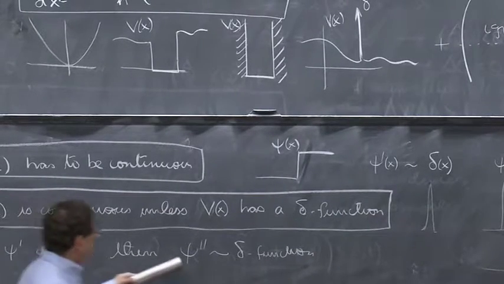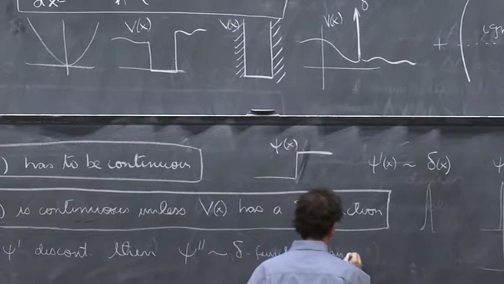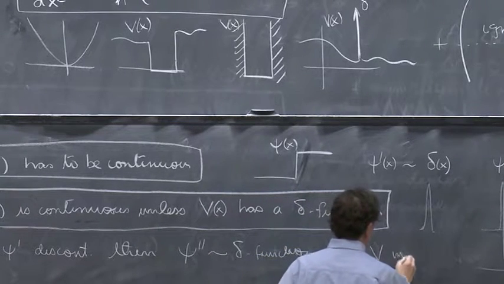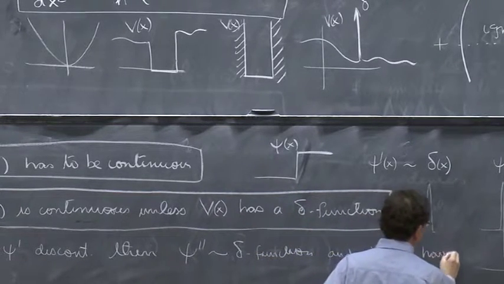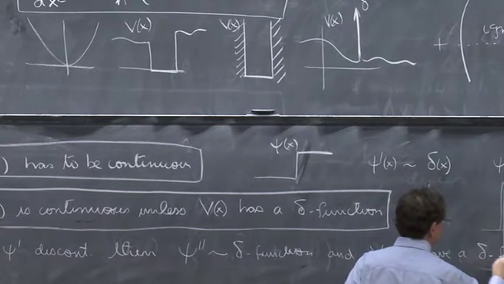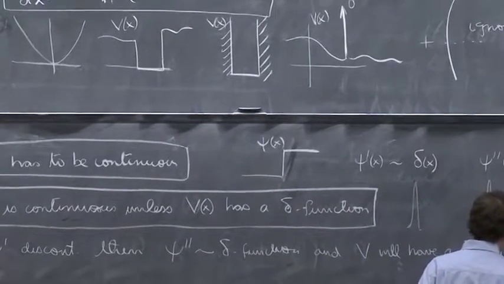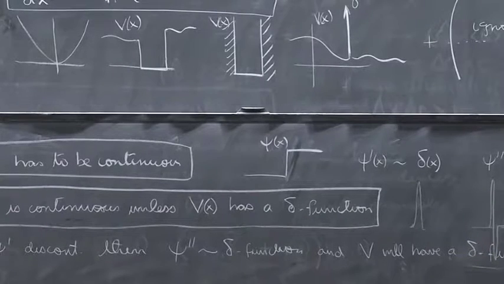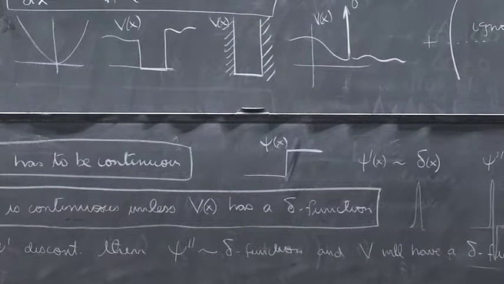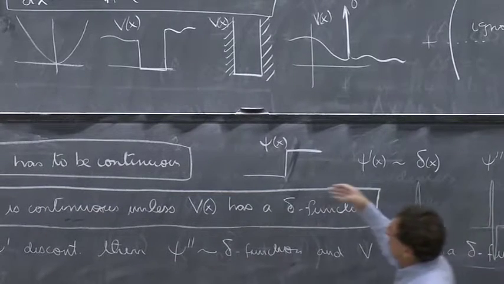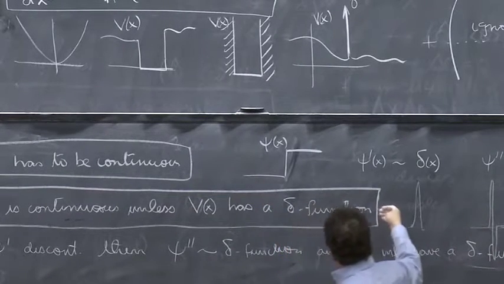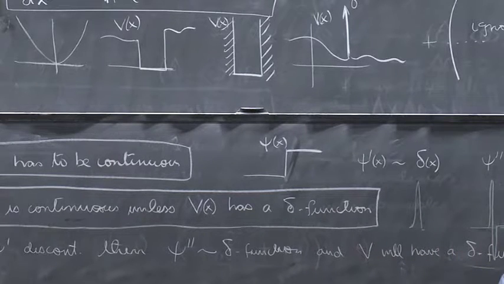If psi is continuous, V will have a delta function. So it will be a somewhat singular potential, but we're going to look at them in about a week from now. But this will be our guidance to solve problems: the continuity of the wave function and the continuity of the derivative of the wave function.